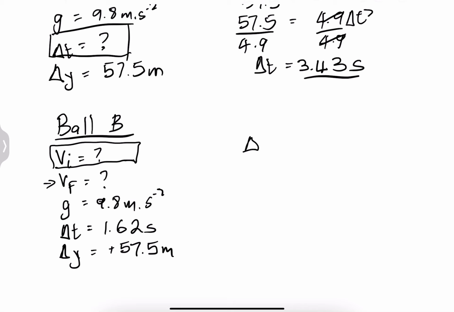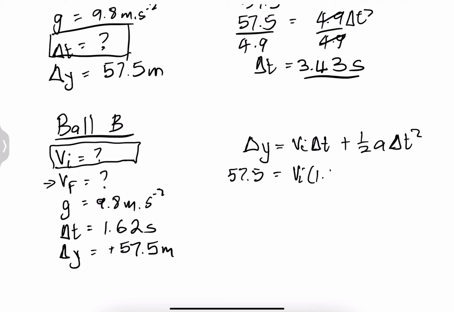So we're going to say, well, again, delta y is vi delta t plus 1 over 2 times a delta t squared, right? So our delta y value is 57.5. Okay, and initial velocity, that's what we're looking for. The time was 1.62 that it took. That's half times 9.8 times 1.62 squared. All right, now I'm going to find this entire term and take it to the other side.